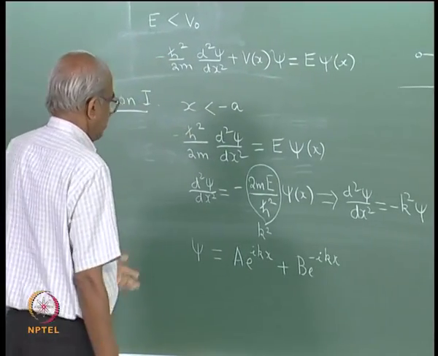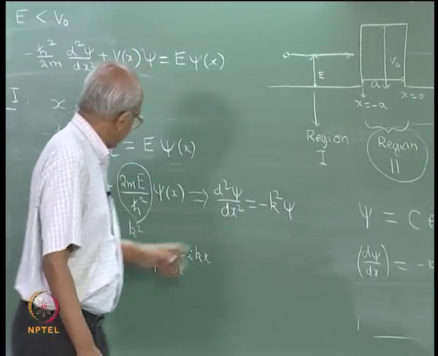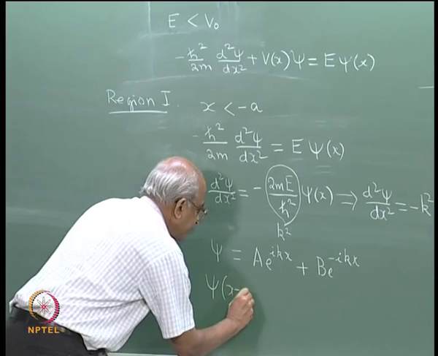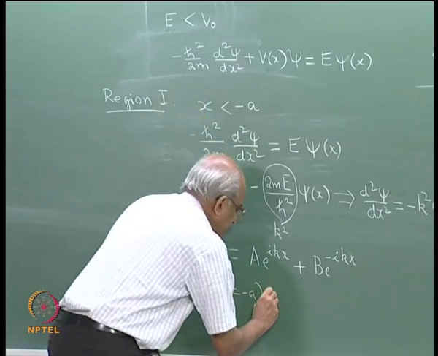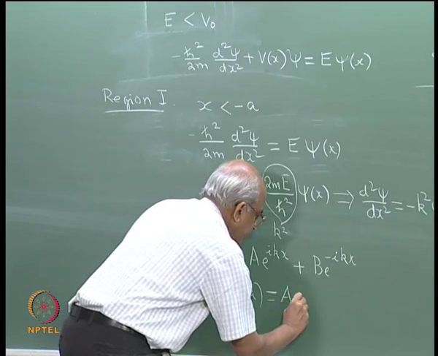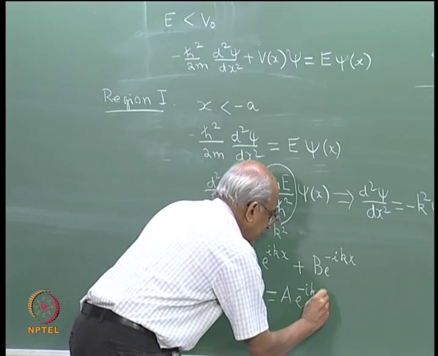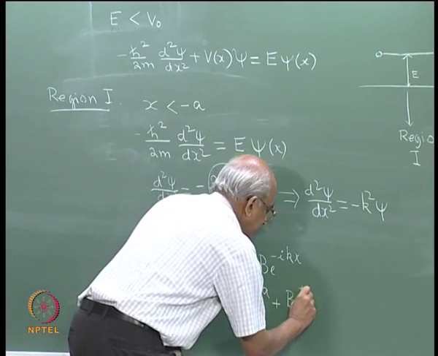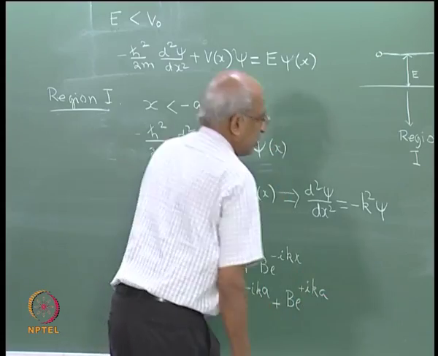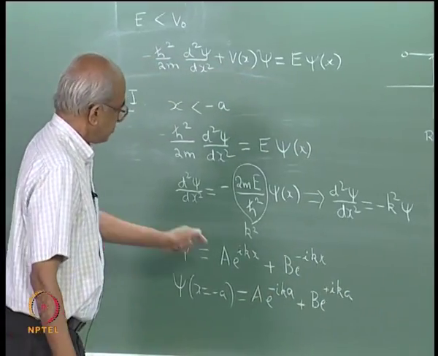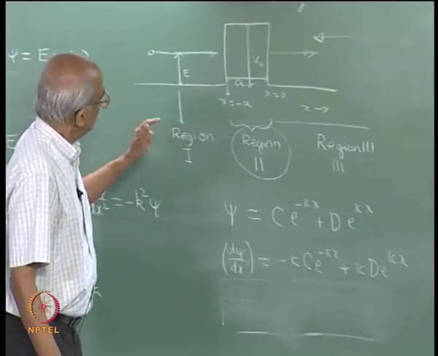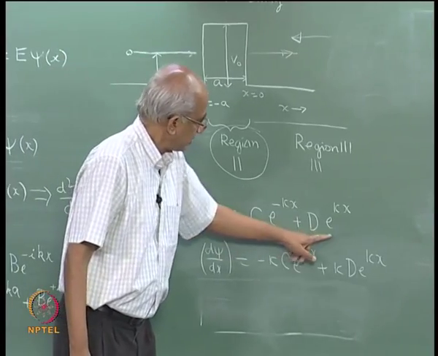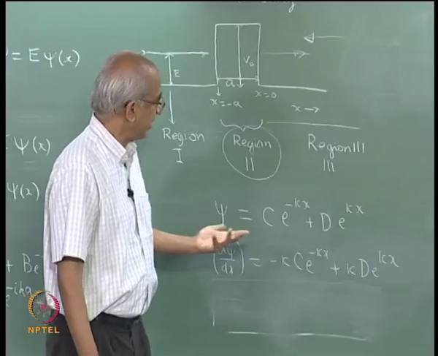The wave function appropriate for region 1 is this, and if you put x is equal to minus a, you get a e to the power of minus ika plus b e to the power of plus ika, and it must be equal to this function in which you put x is equal to minus a.